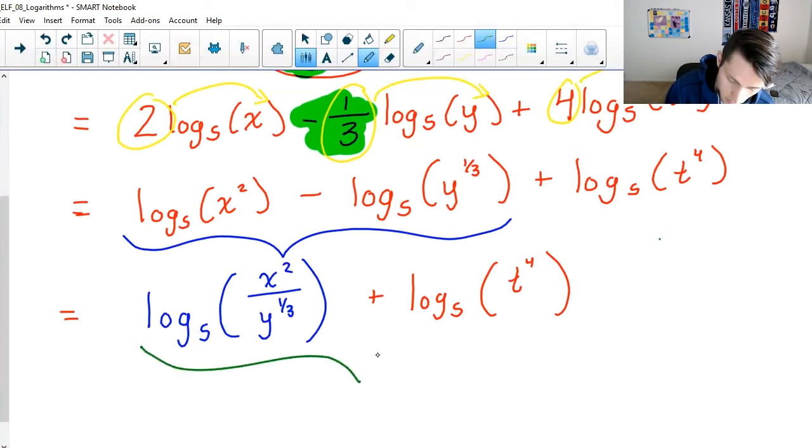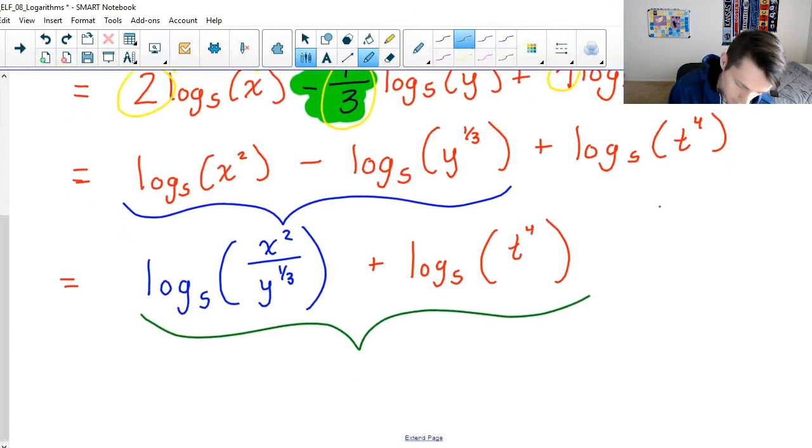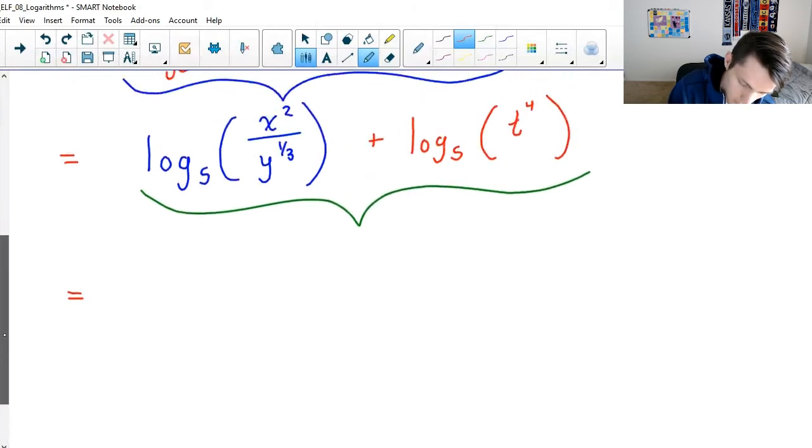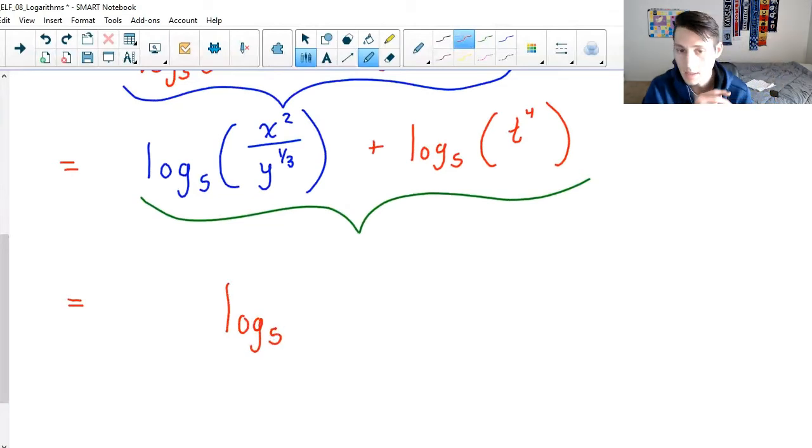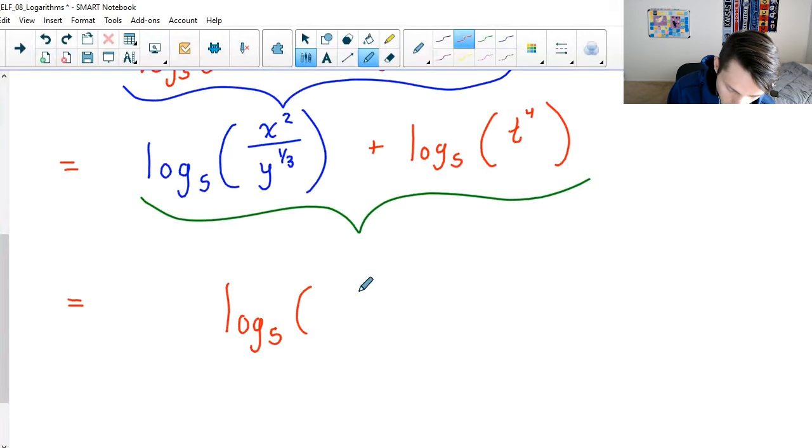There's only two left, but we'll combine these two now. So when it's addition between the two logarithms, then we know that we can combine them using multiplication.